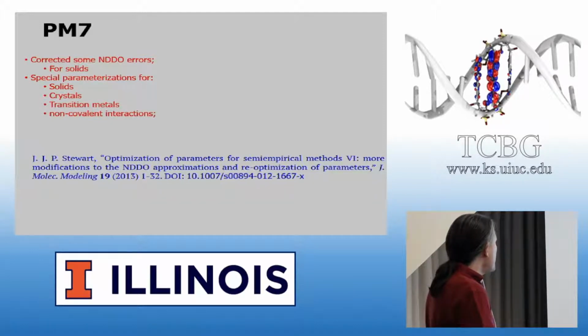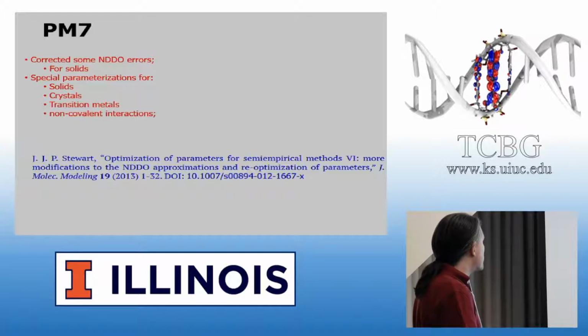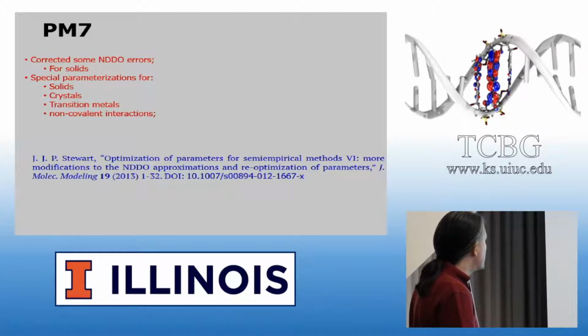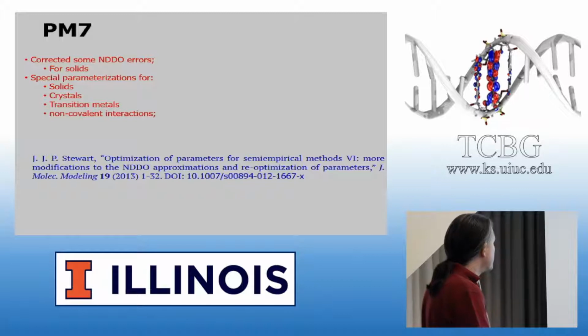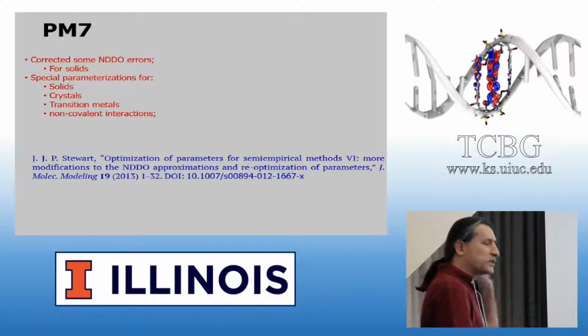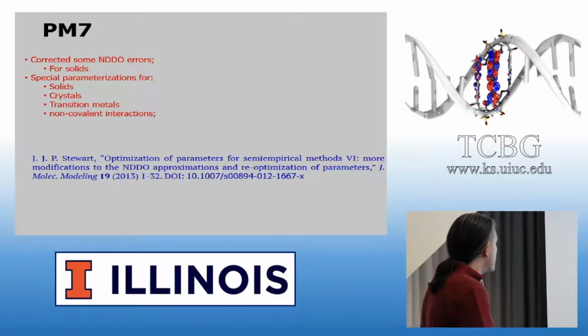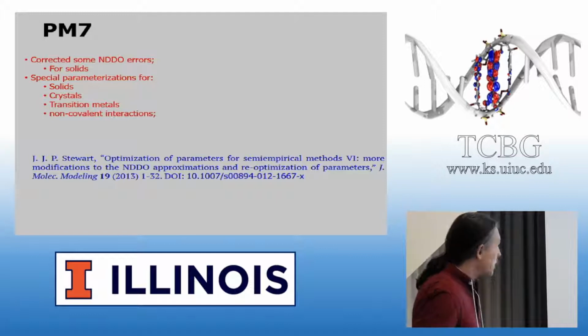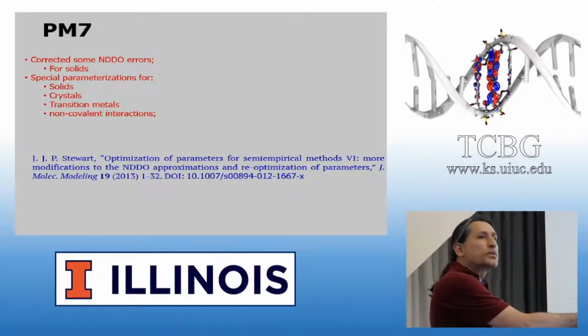The most recent semi-empirical method is PM7. PM7 corrects some NDDO errors, especially for solids and crystals, but differently from the other semi-empirical methods, PM7 considers the non-covalent interaction in the parametrization procedure.